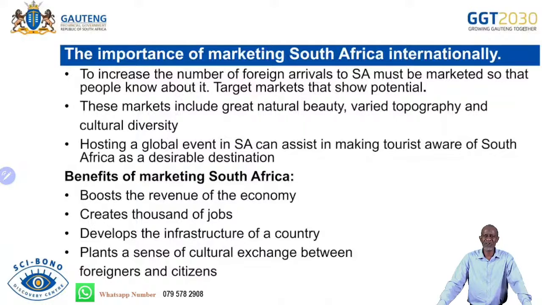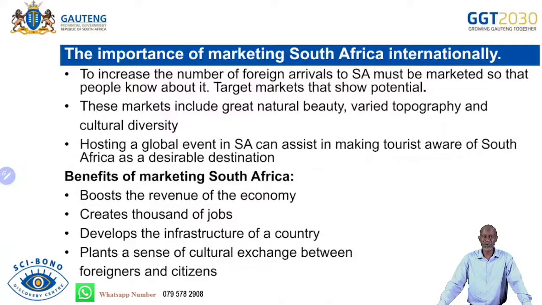So topography here, we are referring to the mountains and valleys. You have the Table Mountain in Cape Town. You have the Drakensberg Mountain, which ranges from Mpumalanga right through to KwaZulu-Natal and Limpopo.